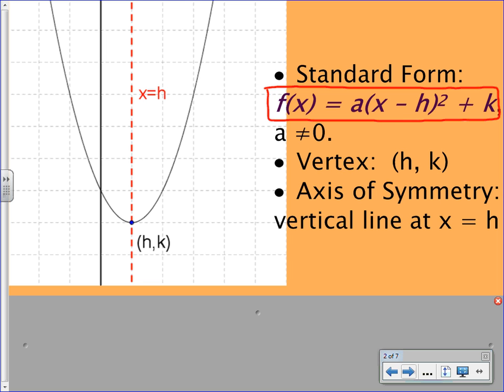In this case, it'd be to the right H, correct? And then this plus K tells us up K. And so when we take a quadratic and we shift the vertex and then we draw it, this H, K is telling you where your vertex has been shifted to. So you can simply look at H and K and know your vertex.